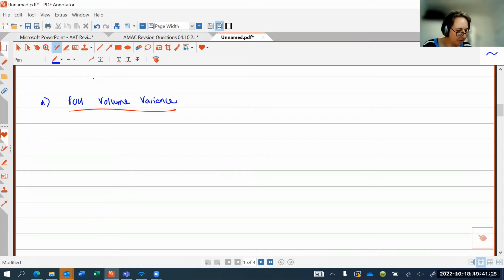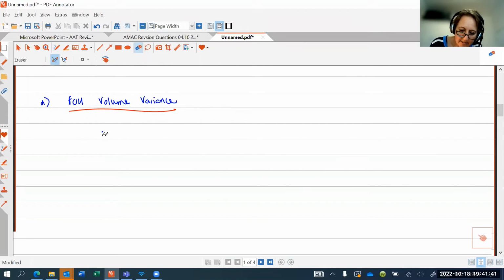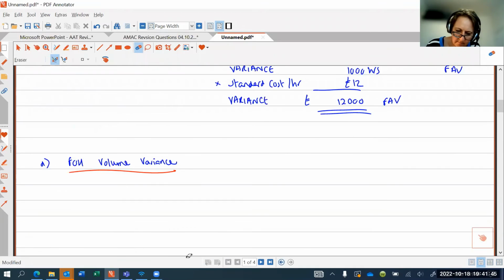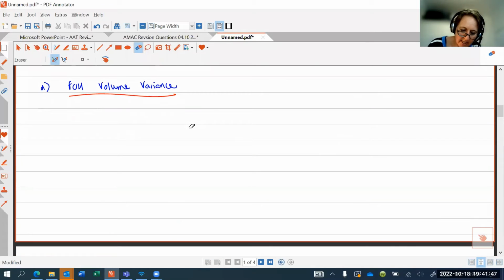So, should we put our little pro forma together? This one does look a little bit different. We can keep it as similar as we can. So with my volume variance, I want to know my budgeted production.